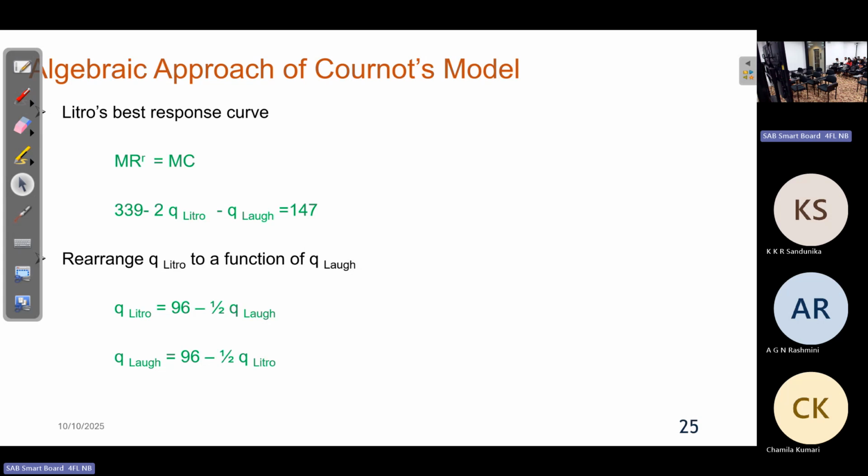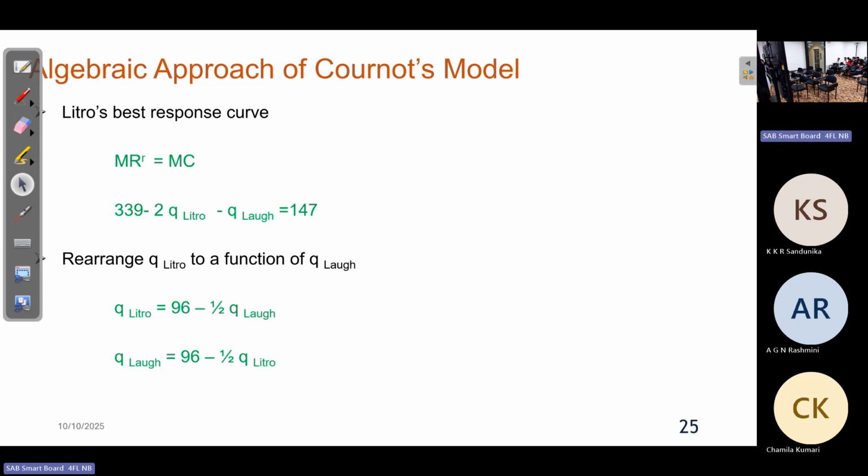It will be 339 Q1, minus Q1 squared, minus Q1 Q2. Now we have to differentiate this total revenue with respect to Q1, for firm 1, to get the marginal revenue.